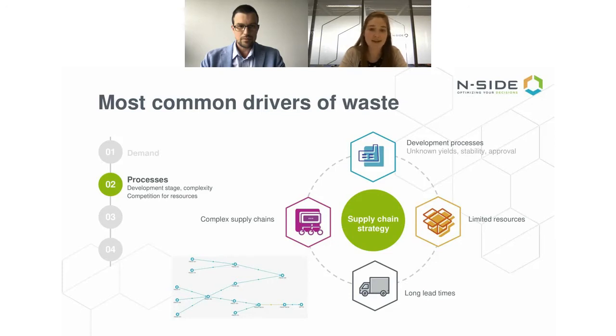The stability plan and stability testing results are also uncertain, as are approvals. Right now, what we need to do is start with our best guesses, but it's also really important to stress test, perhaps work with different scenarios, so that we can have a strategy that covers different types of possibilities.